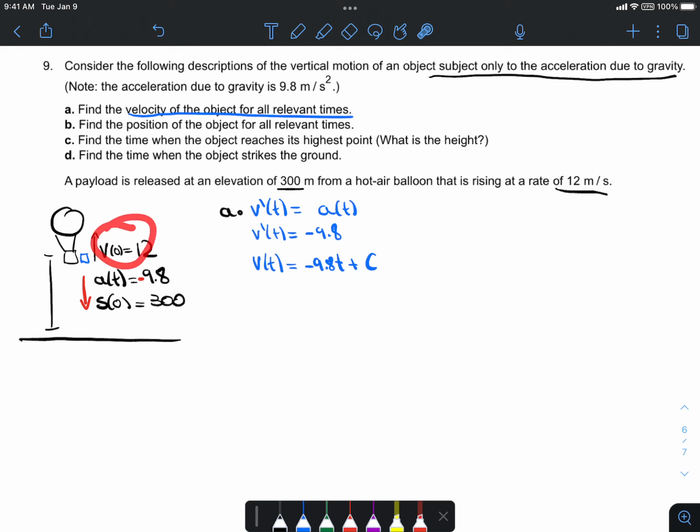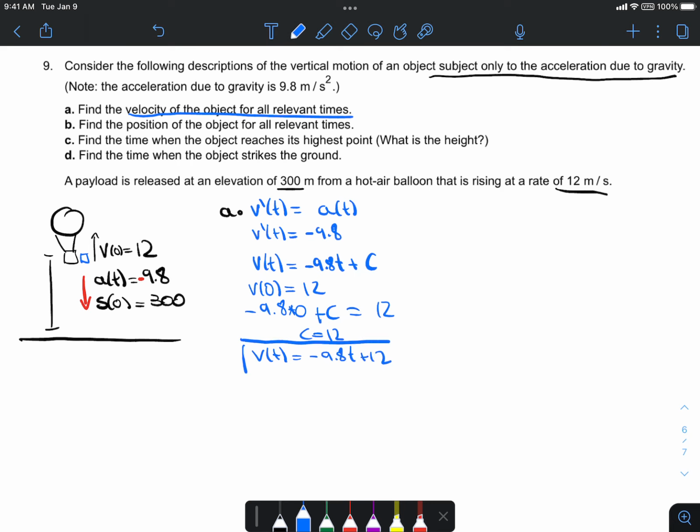Well, I know that v of 0 is 12, right? So because v of 0 is 12, then negative 9.8 times 0 plus c is 12. So then c is 12, and therefore v of t is negative 9.8t plus 12.